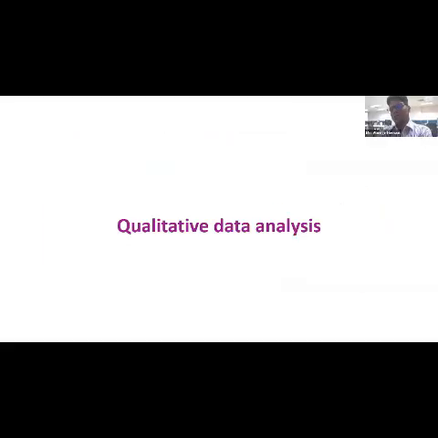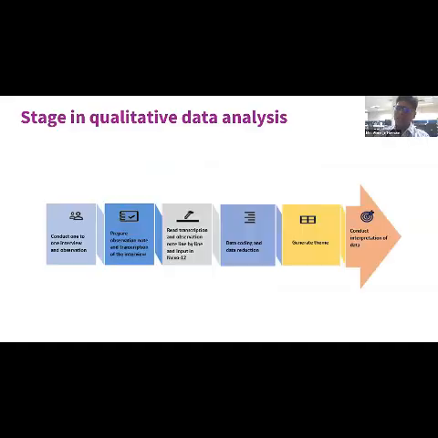Now we are talking about qualitative data analysis, how we can analyze the data. At first, we have to conduct the interviews in the field based on our objectives, with selected study participants based on the specific characteristics of the respondents.